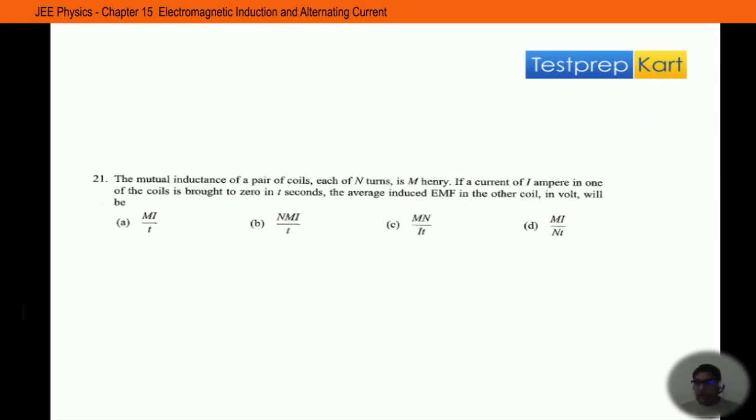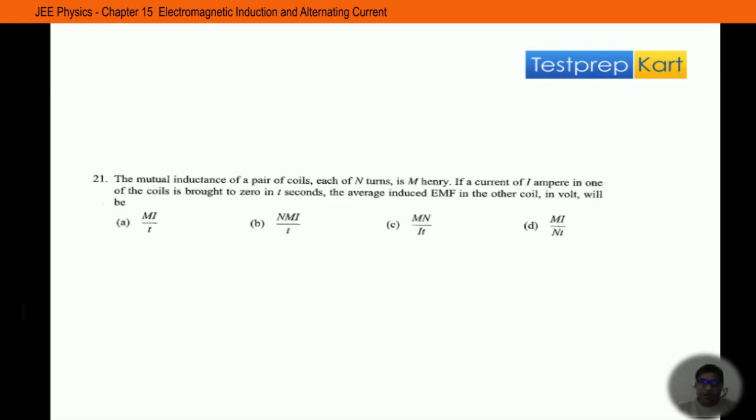Now next, question number 21. The mutual inductance of a pair of coils, each of N turns, is M henry. If a current I ampere in one coil is brought to 0 in t seconds, then what is the average EMF induced in the other coil?